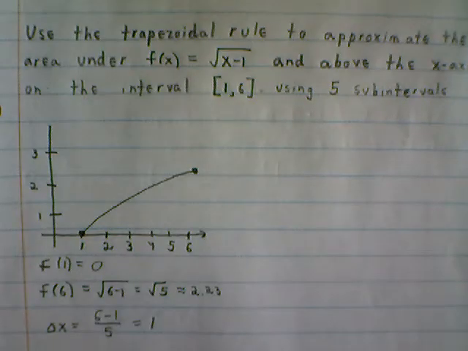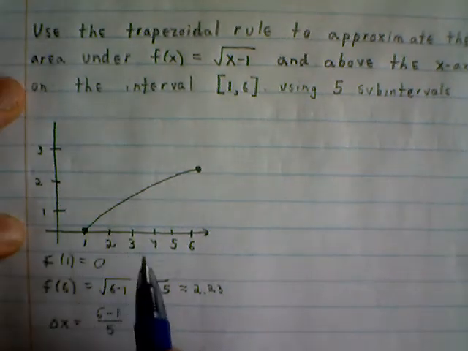Okay, now from here, on each subinterval, I'm going to have to sketch a trapezoid if I can. Sometimes you're not able to sketch a trapezoid. It ends up being a triangle when the height at an endpoint is 0. So I'm going to start here.